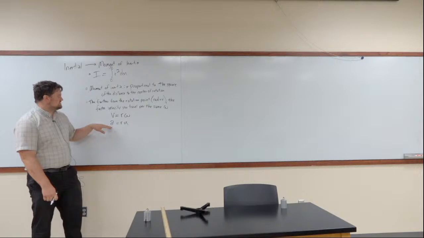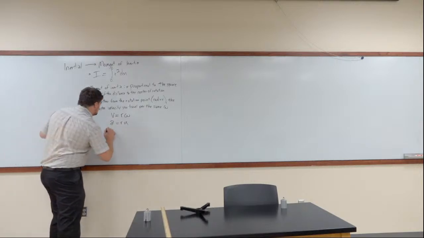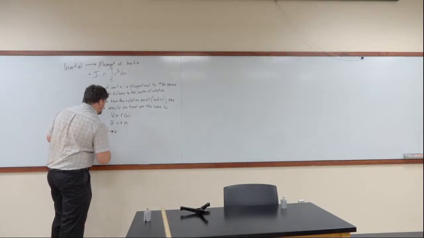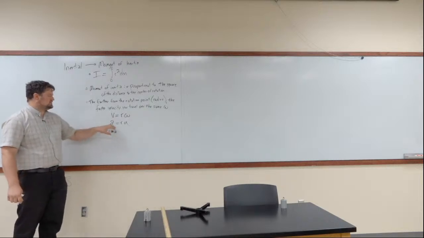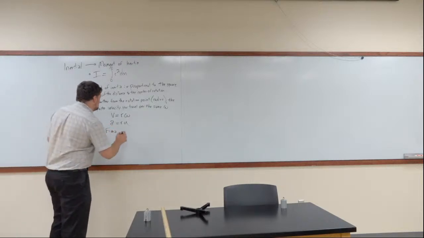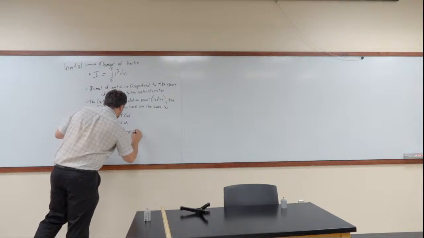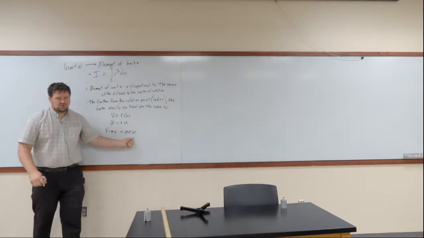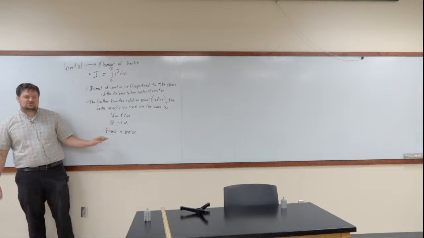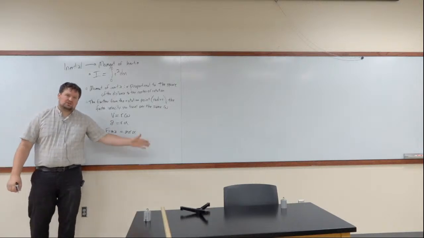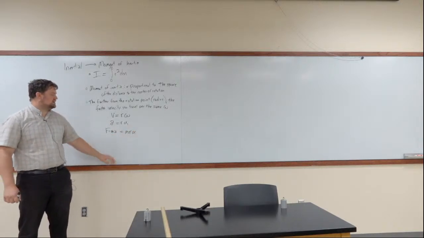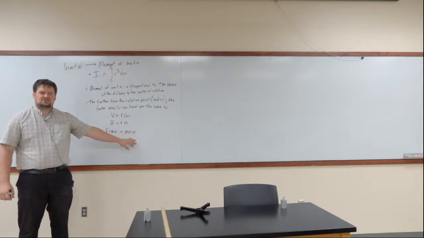So what this means is, when we talk about F equals ma, if we were to replace this a with the expression R alpha, here's what we get. The force required to lift that object, or force applied to that object, is equal to m times r times alpha.